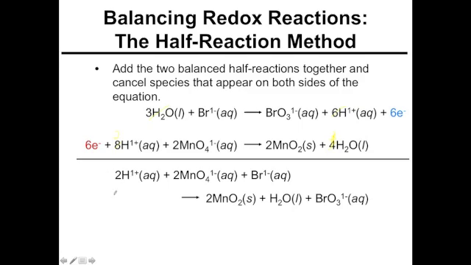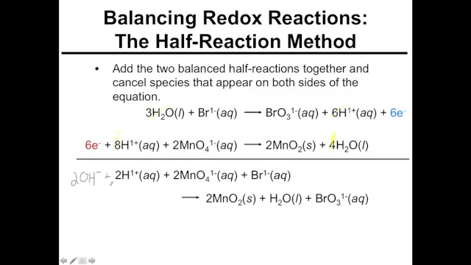To do that, I would add hydroxide ions to the side that has the H+ ions. So I need to cancel these 2 H+ ions. So I need to add 2 hydroxide ions to the reactant side.